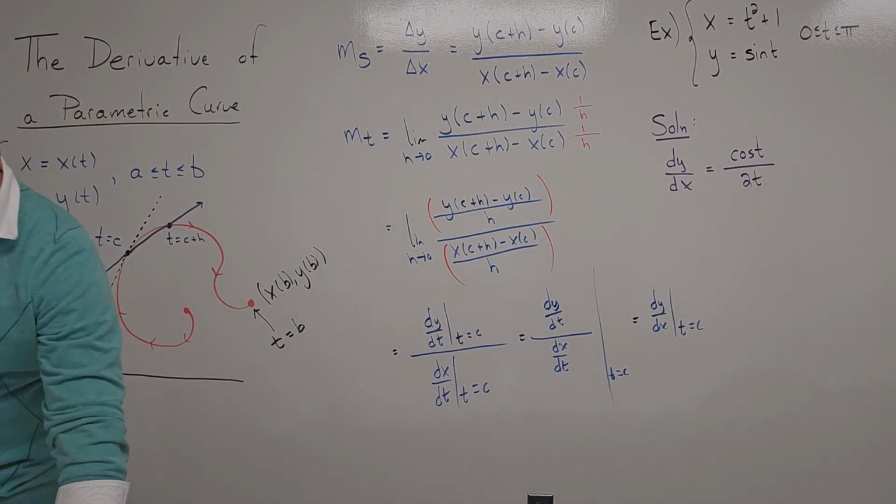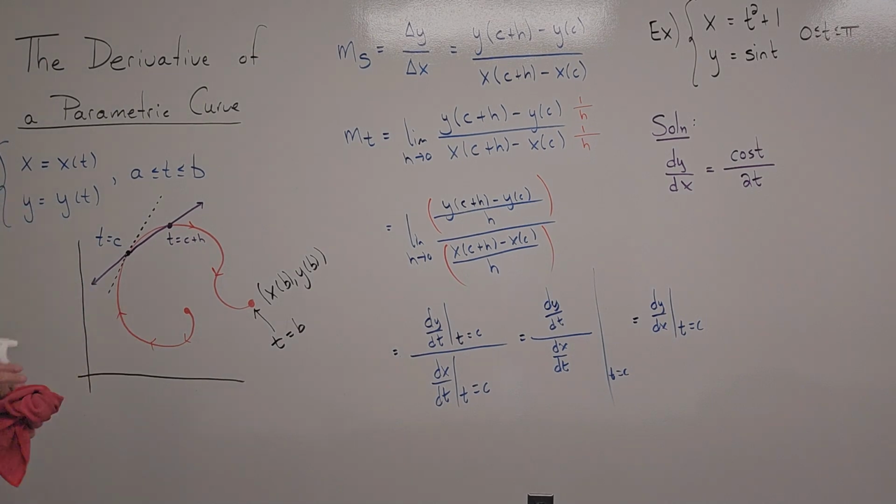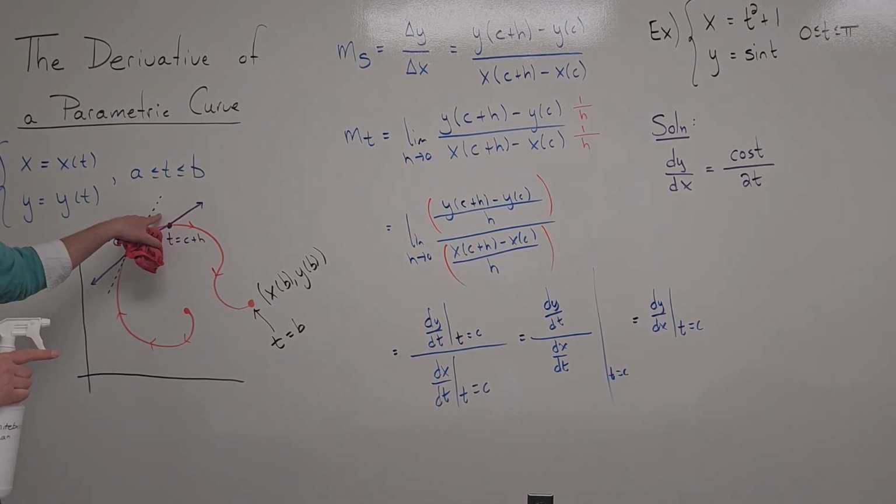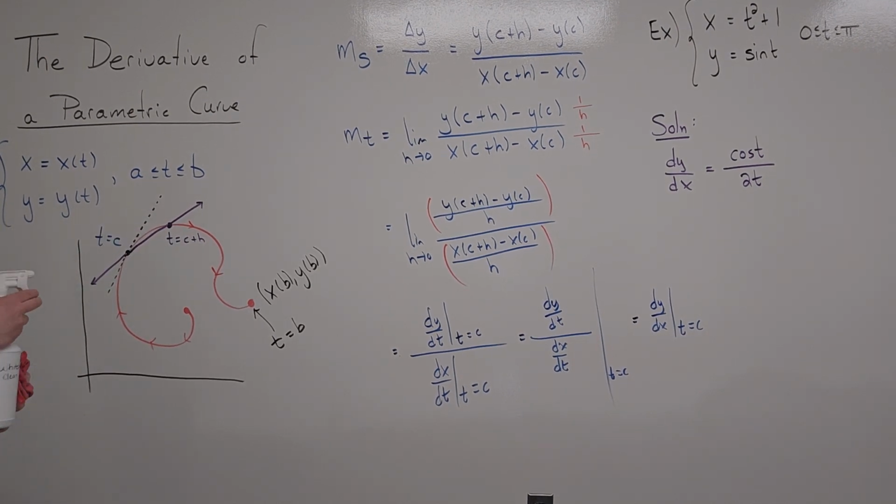Let's do one more example of computing the derivative of a parametric curve, and let's do it in the context of actually finding the equation of a tangent line.